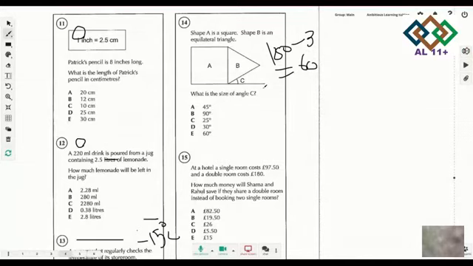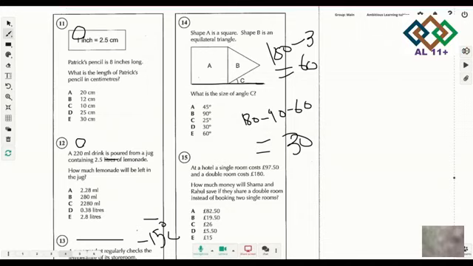So you just need to do 180 minus 90, because you know that it's 90 degrees, minus 60. That gives you your answer of 30 degrees.